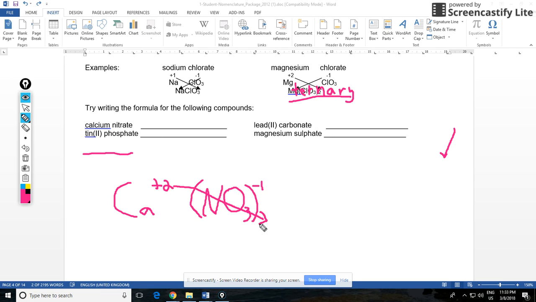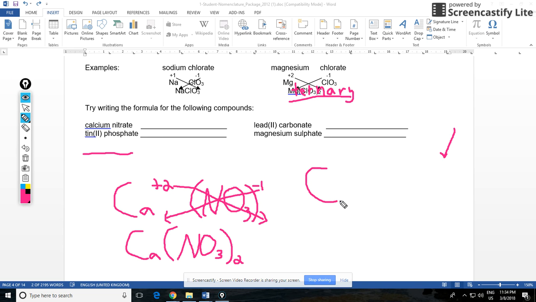Don't put it in the bracket, otherwise it becomes NO3 2, which is not NO3 anymore. The 1 comes down here. And so we get Ca1, but you don't have to write it down because it's 1, Ca(NO3)2. What this means is you have 2 nitrates and 1 calcium.